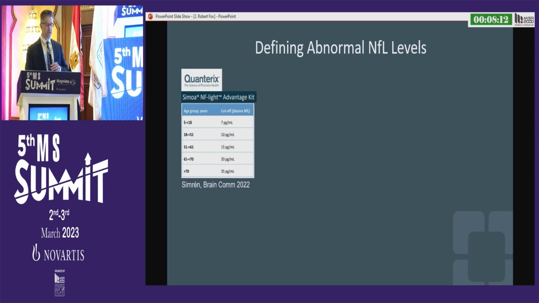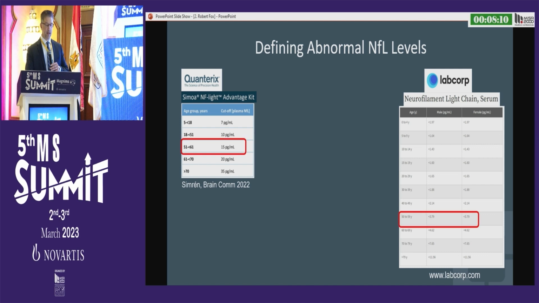So with 𝐷 and 𝐿ABcorp, I'm just going to choose the 51 to 61 age as just a random comparison across. And you can see that with 𝐷, normal is 15 picograms per mil, but when we get down to 𝐿ABcorp, normal is under 3. Well, that's a little different.